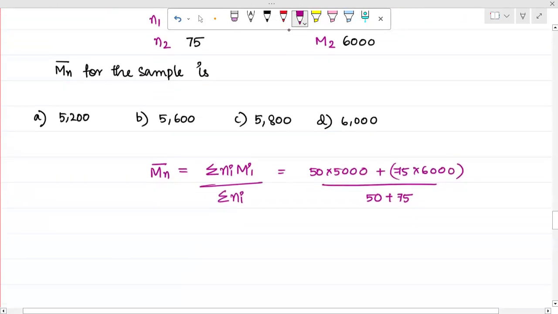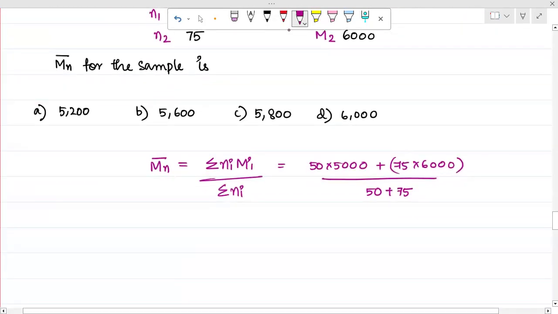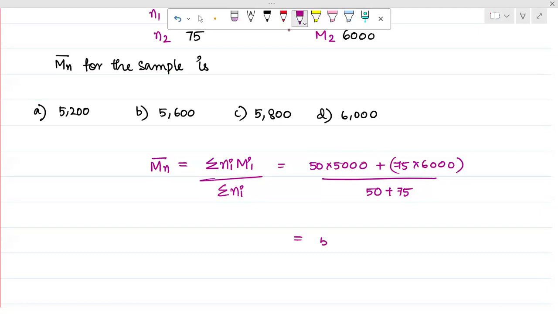So let's check. 5 into 5 is 25, 25 followed by 4 zeros, plus 75 into 6,000 divided by 50 plus 75 is giving me a value of 5,600. Option B. Easy.